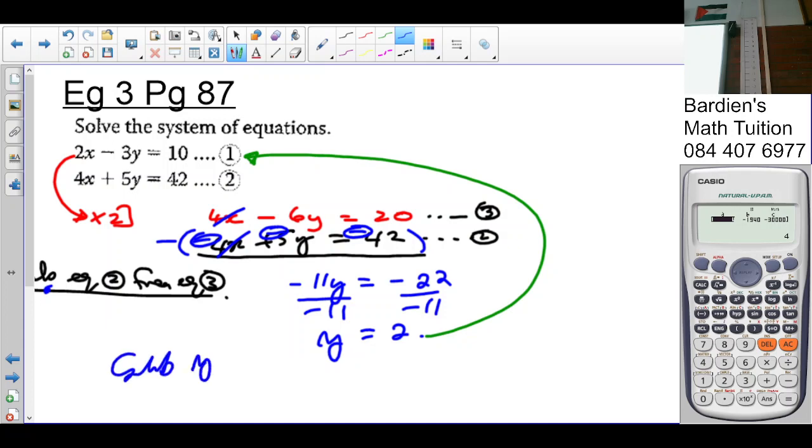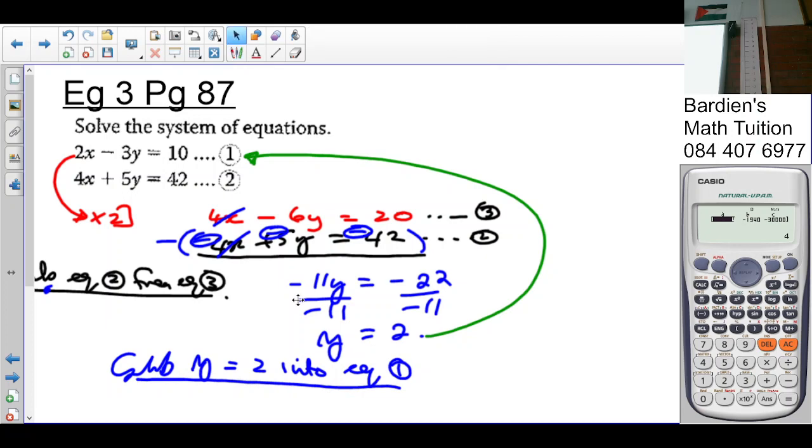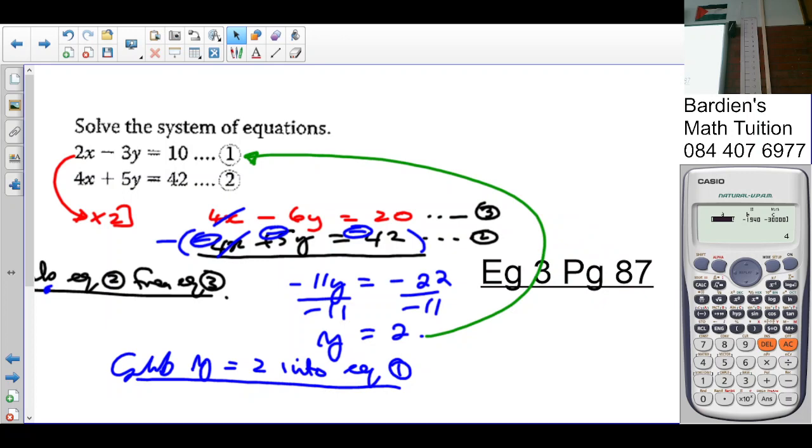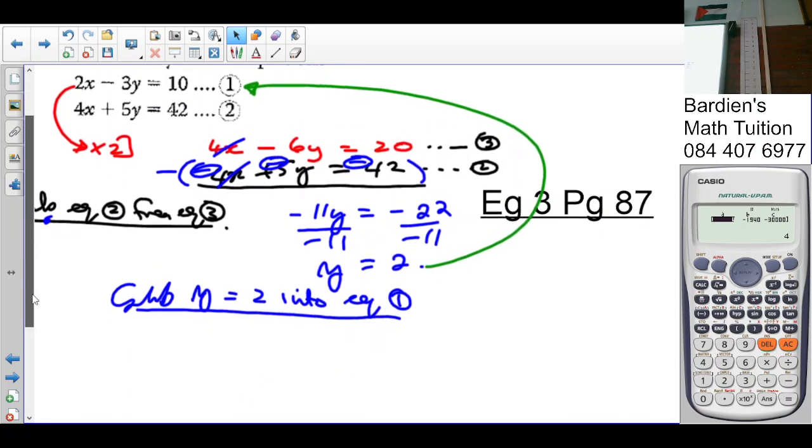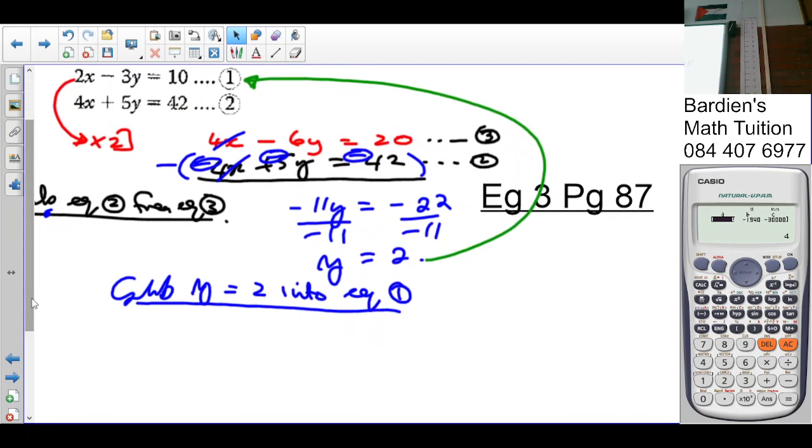y is equal to 2 into equation 1. Because into equation 1 it's going to now read 2x minus 3 times 2 equals 10.